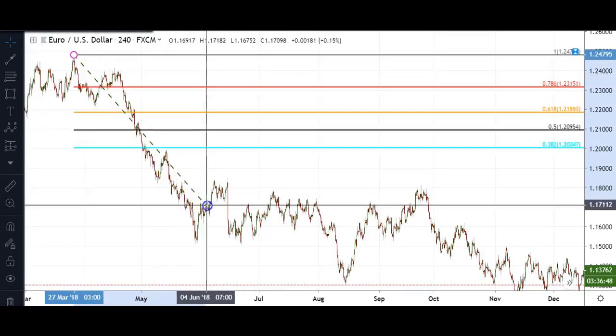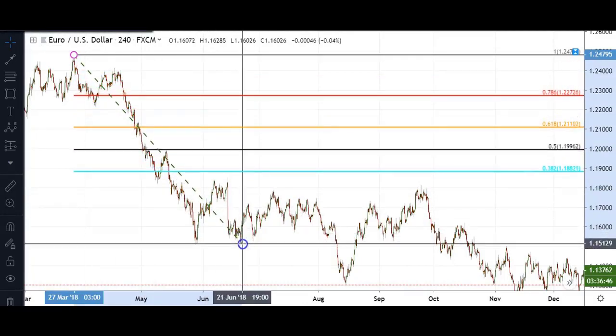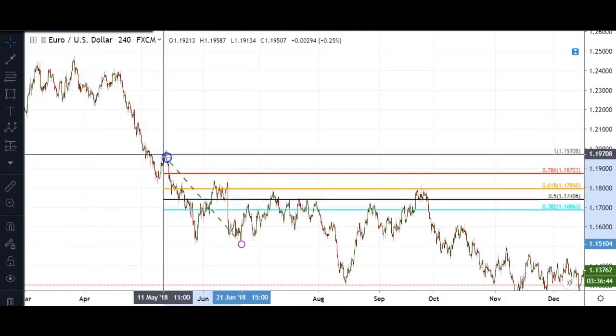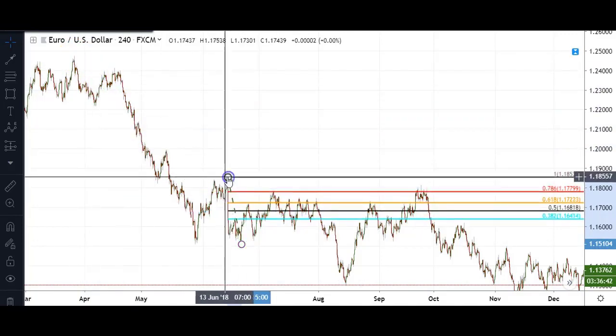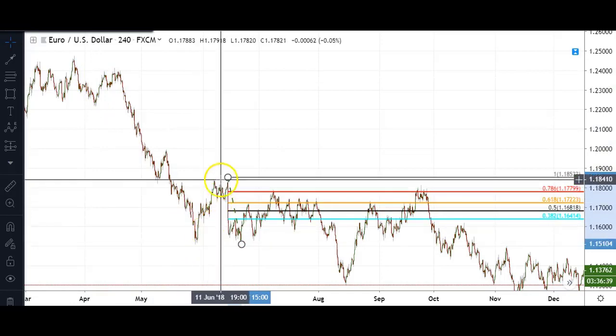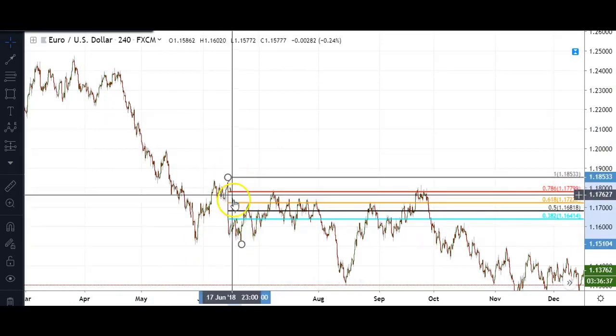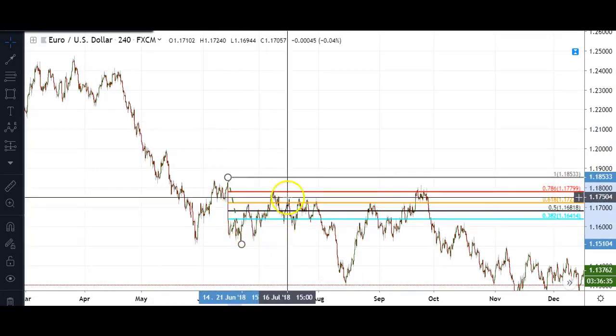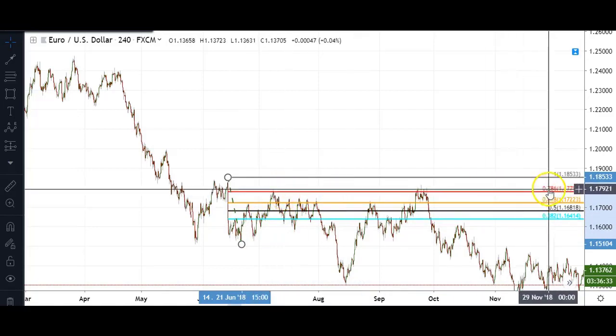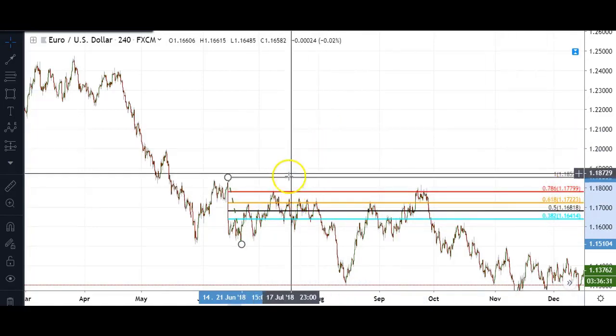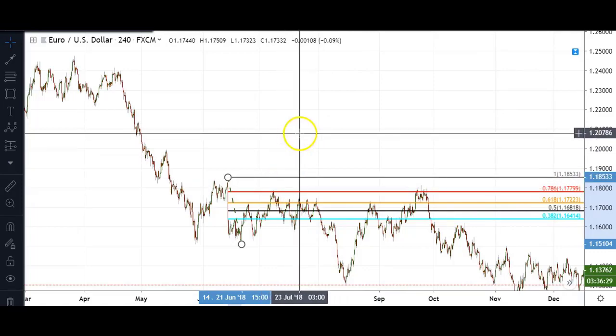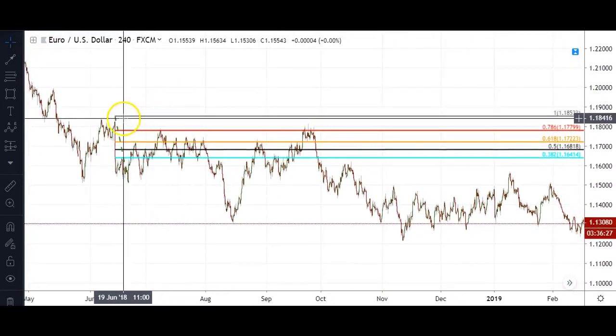If we continue moving this down, let's use that point over there to this point over here. Price came down, went up, made another low, and when it started correcting higher, here yet again we've got the 0.786 Fibonacci retracement level that provided resistance.